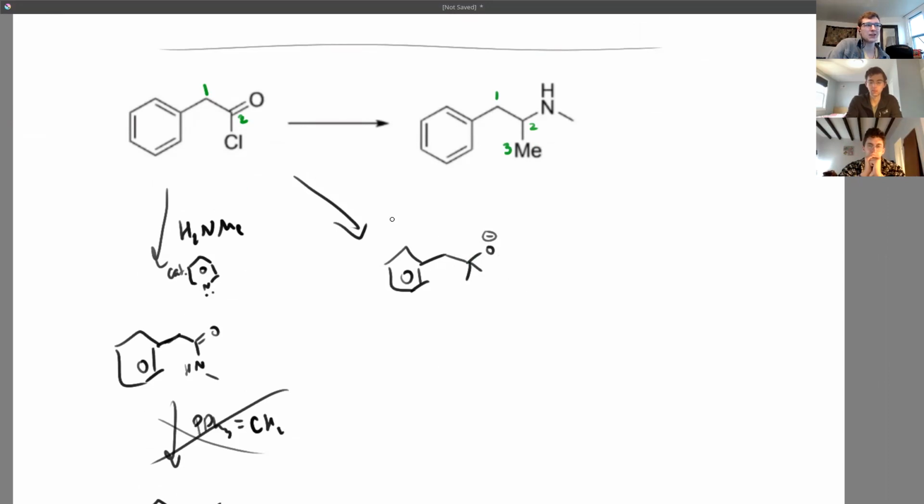Yeah. So if we do an organolithium, some of the time it'll wind up adding twice. Even if we add just one equivalent of organolithium, it still might add twice sometimes. But that is a very good thought.